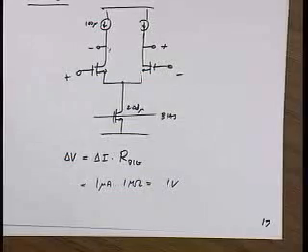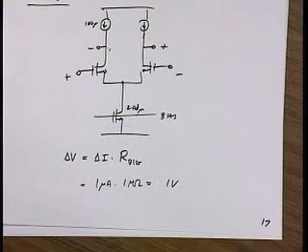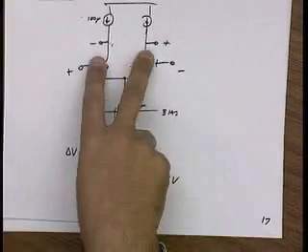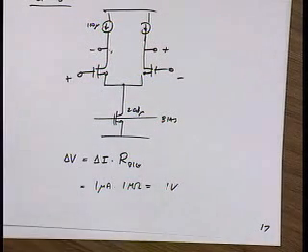Let's say I run it over process and temperature and nothing goes out of saturation. It's all fine. The only thing is that I don't know the common mode voltage here. I just know it within 100 millivolts. And the next stage is also differential. It's rejecting the common mode. It doesn't mess up the next stage. So what's the problem? Why not just be happy?